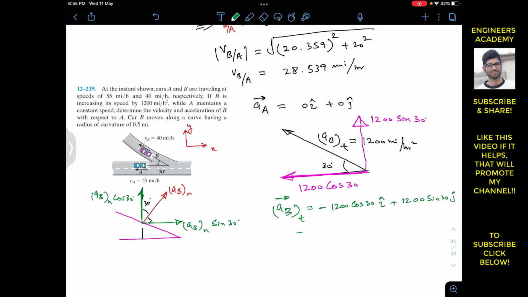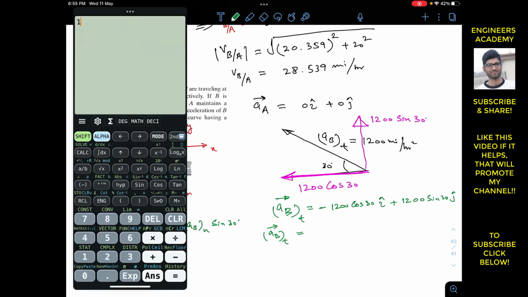So now this is AB tangential, and minus 1200 cos of 30 gives us 1039.230 in the i, and 1200 sine of 30 is 600.